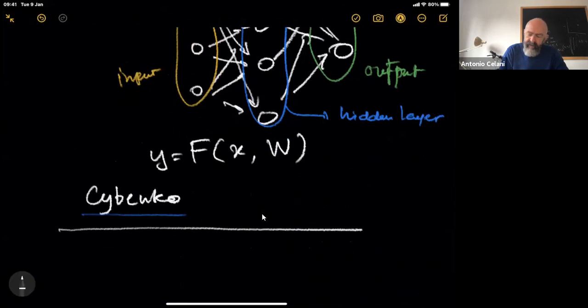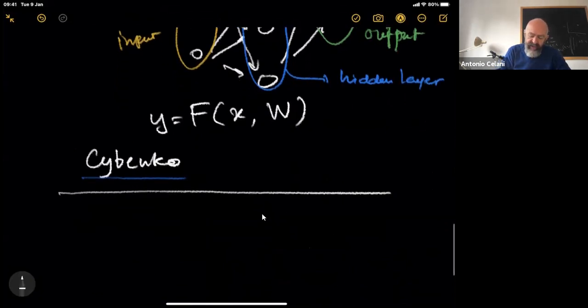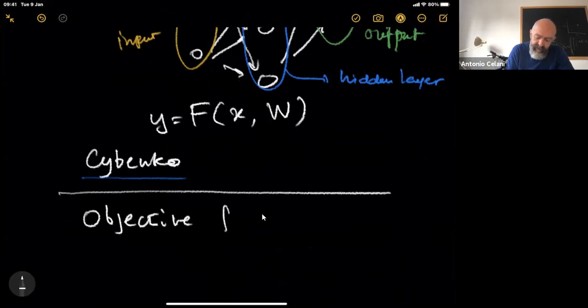In order to do so, we want to take a little step at a time, and we are going to introduce one quantity that is our objective for prediction.